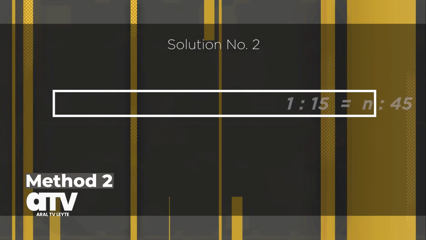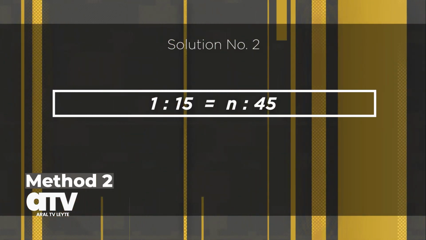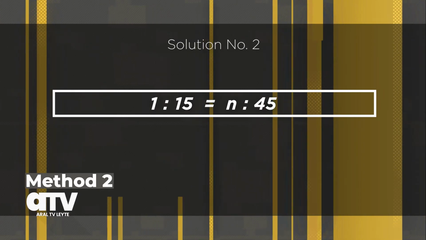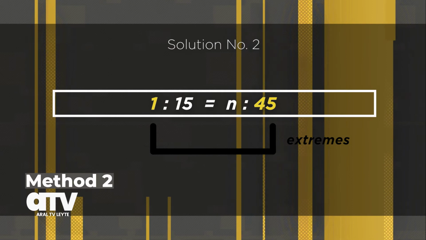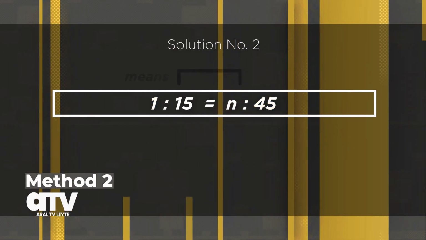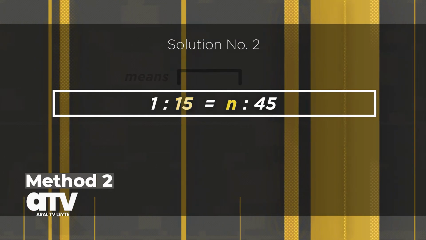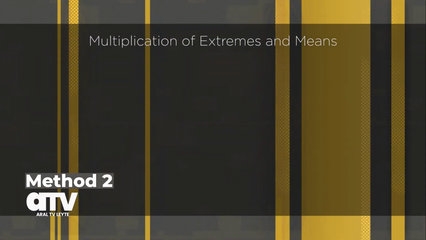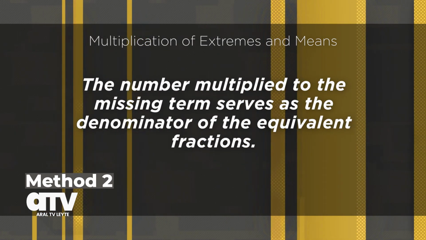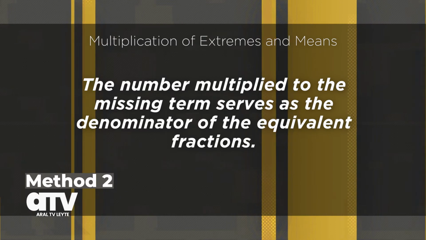In solution number 2, we write the fractions in column form. 1 is to 15 as n is to 45. Then, we multiply the extremes, first and last, 1 times 45, and the means, second and third, 15 times n. The number multiplied to the missing term serves as the denominator of the equivalent fractions.